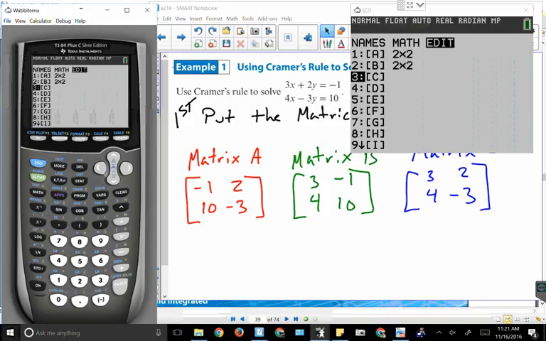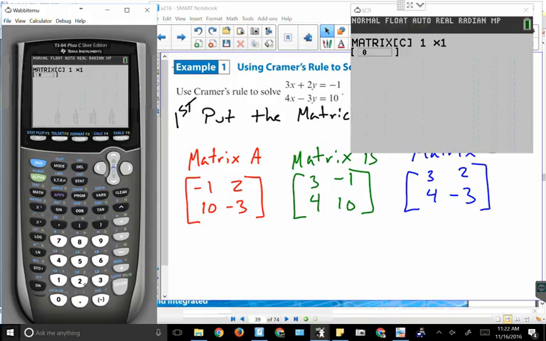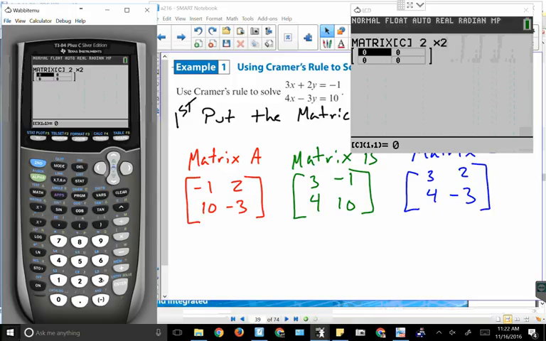Arrow key over to edit, and then go down to where it says C. So your screen should look like what I've got up here. Now you press enter and you put in a 2 by 2 matrix: 3, 2, 4, negative 3, enter, second, quit.